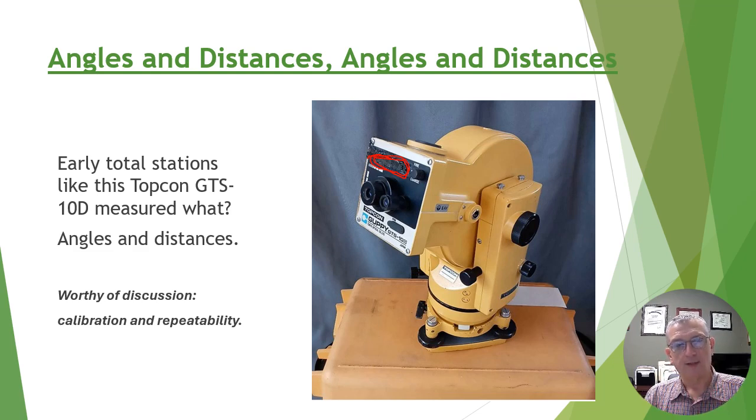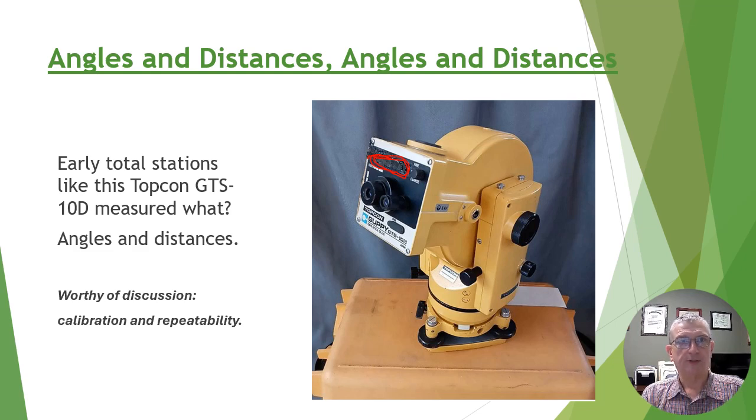So the way that we bridged this consternation, where surveyors were reluctant to embrace electronic distance meters in the 1980s and even into the 90s because they couldn't see it measure, eventually came down to what I call a process of calibration and repeatability.